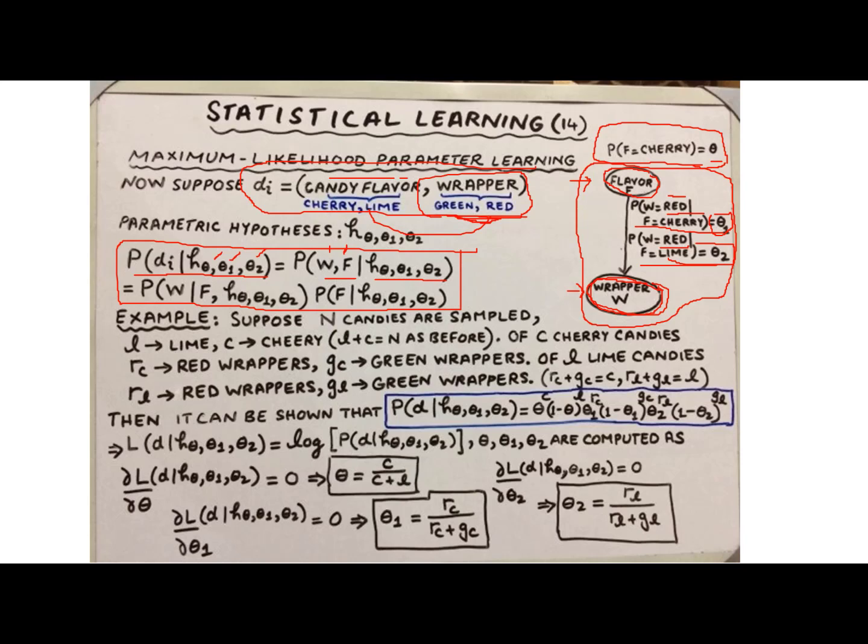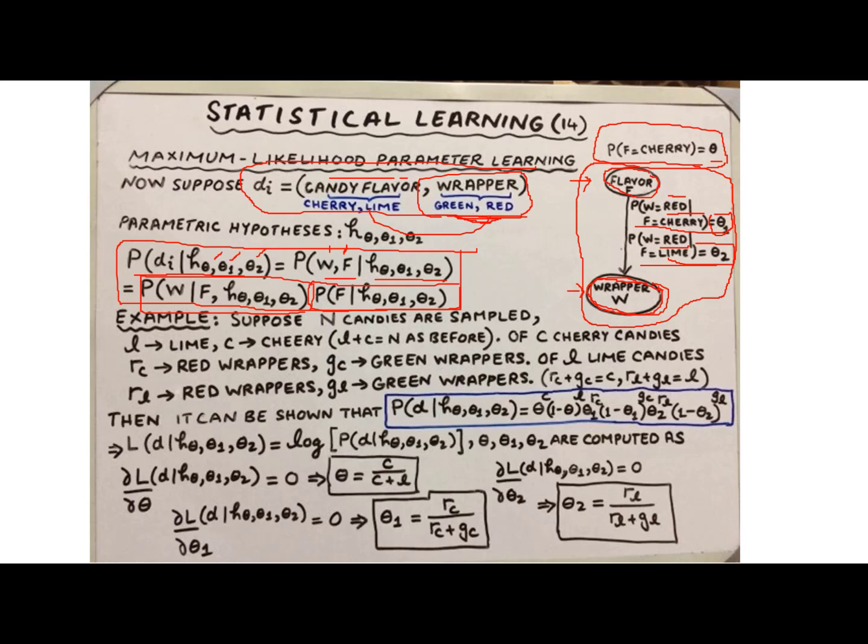So here we apply the simplification of the Bayesian network, and so we say that this expression is equal to the probability of wrapper given flavor and the hypothesis, multiplied by the probability of flavor given the hypothesis.